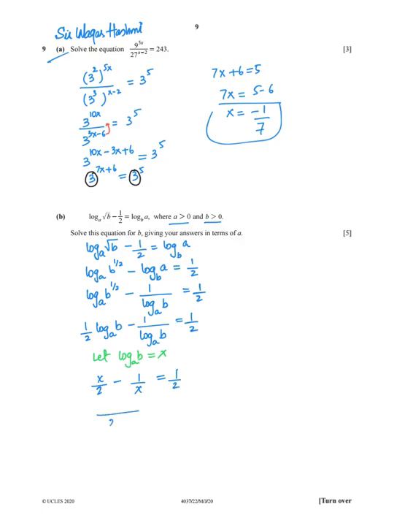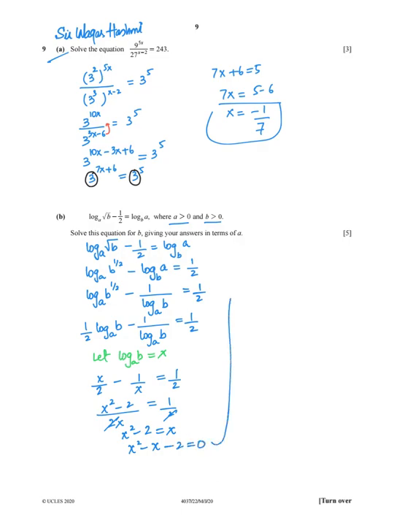I will take the LCM, that will be 2x, so it will be x square minus 2 equals x upon 2, and on both sides the 2 cancels. So it will be x square minus x minus 2 equals 0.